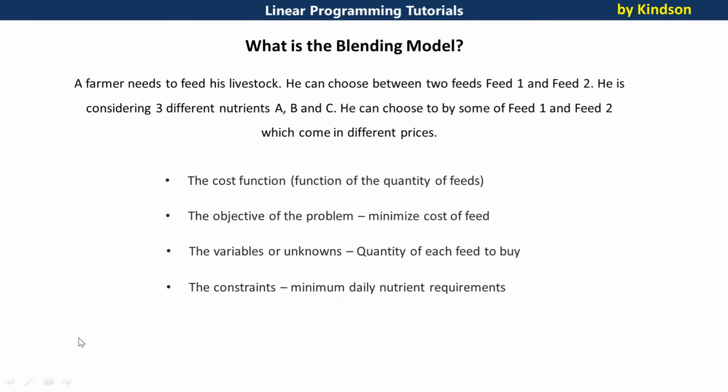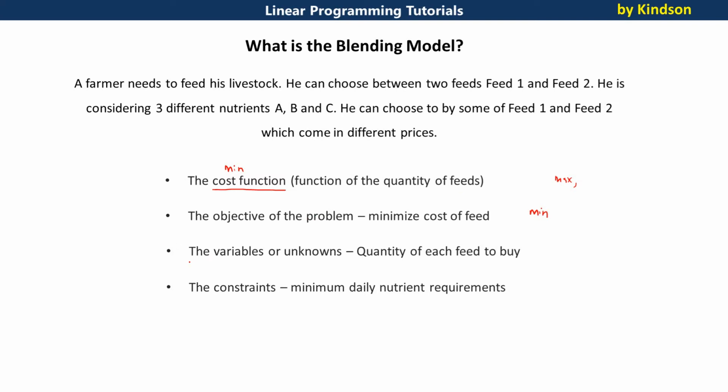So we need to set up the cost function. That is step 1, because this is a function you need to minimize. And the next is to find out what is the objective of the problem. Is it to minimize? In this case, it's to minimize costs. Later, we can see problems of maximizing some value or some function.